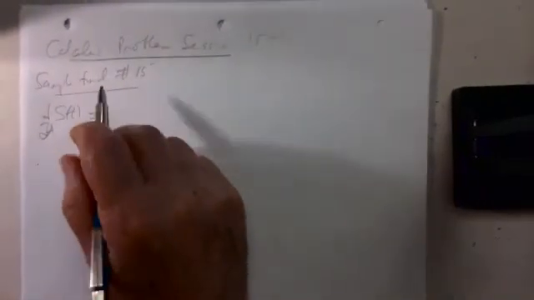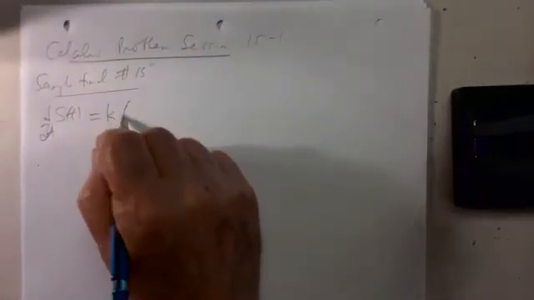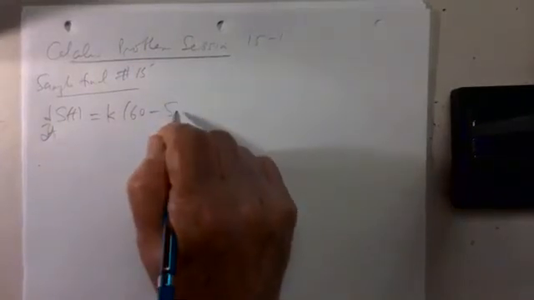So the rate of change is the derivative, and to say it's directly proportional to something means it's some constant k times 60 minus S of t.